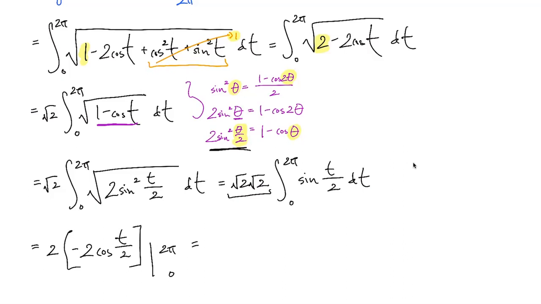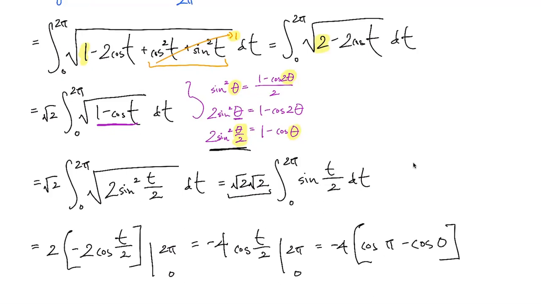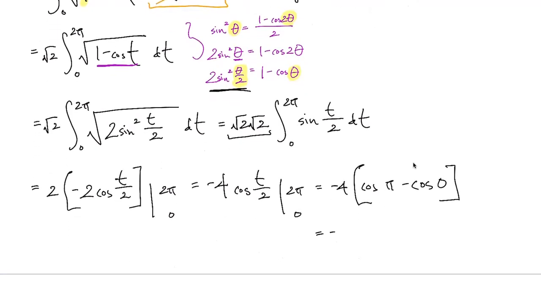I'm going to distribute that 2, so I get negative 4 cosine t over 2, plugging in 2 pi, plugging in 0. And I get negative 4 times cosine of pi minus cosine of 0, which gives me cosine of pi is negative 1, minus cosine of 0 is 1. And so I get negative 4 times negative 2, which gives me a positive 8.